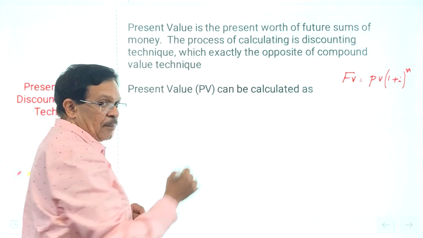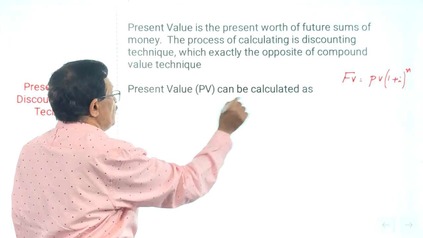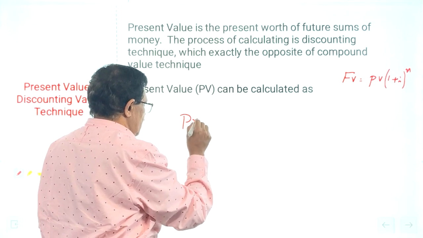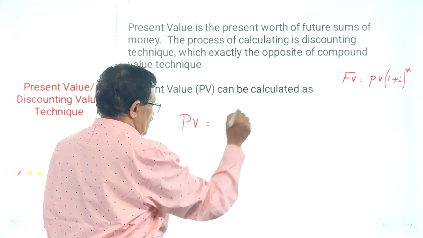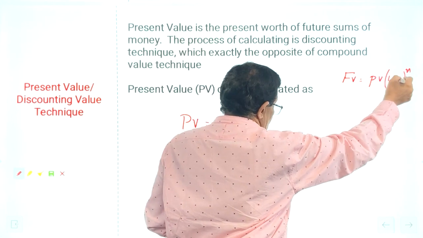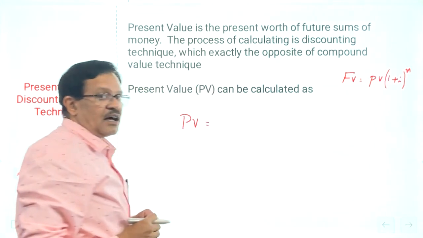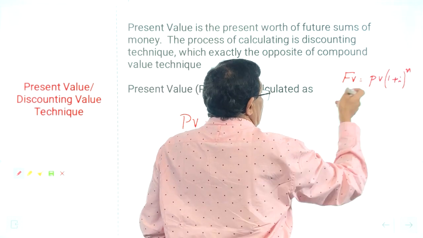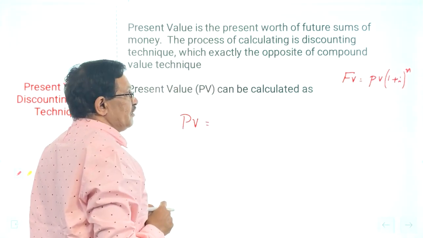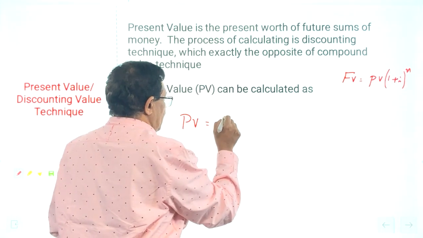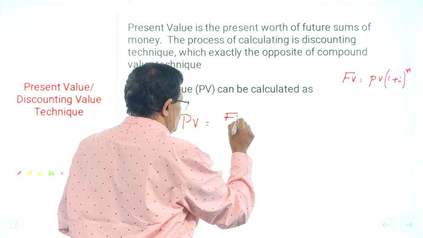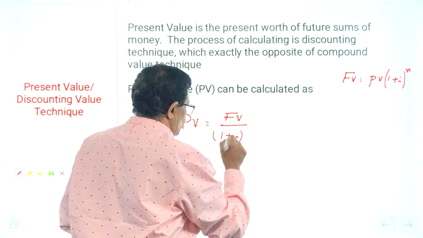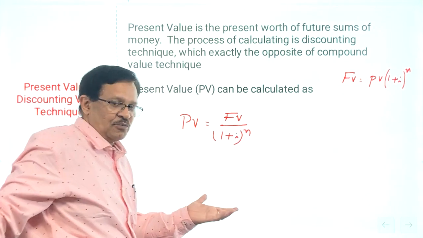Then by cross multiplication, the present value can be calculated like this. You can bring (1 plus i) to the power of n to the other side, then it will be future value divided by (1 plus i) to the power of n, which will give you the present value.